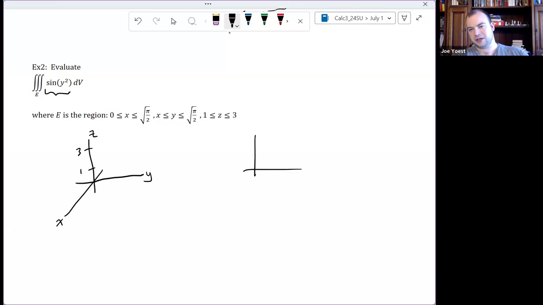So let me just come over here and look at these off to the side. x goes between 0 and this number, square root of pi over 2. And y goes between y equals x and y equals root pi over 2.